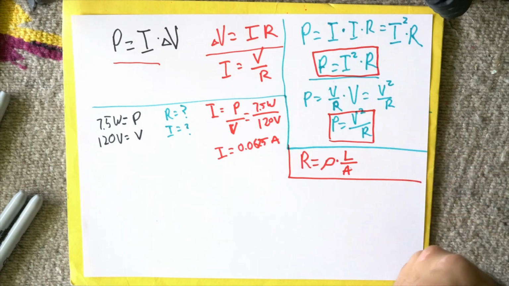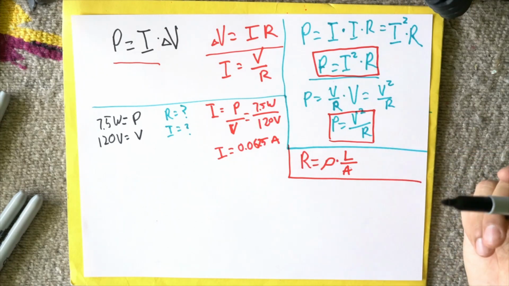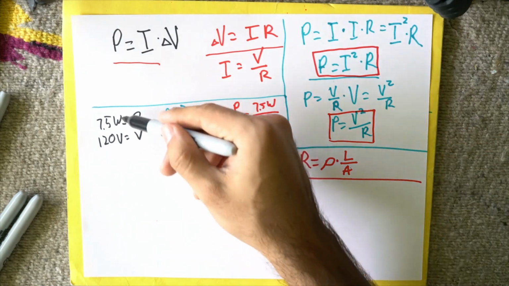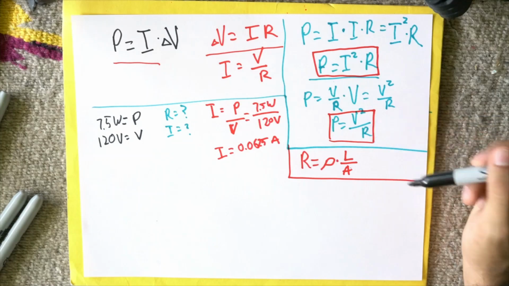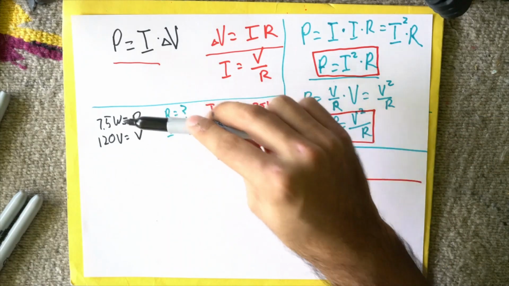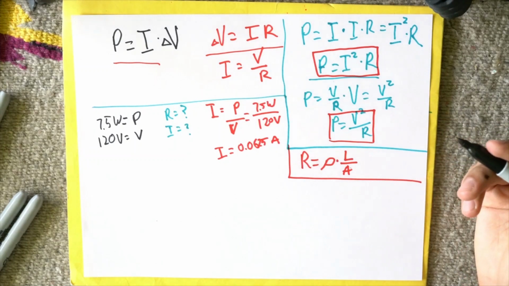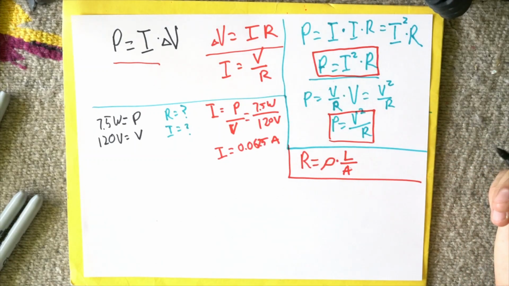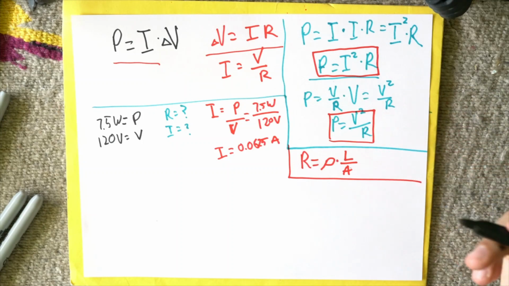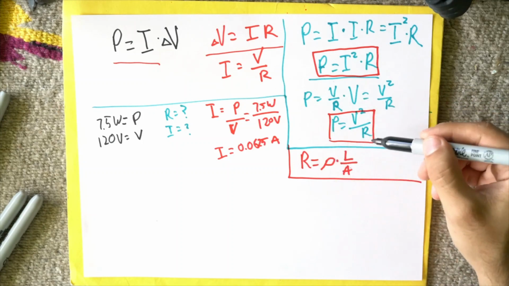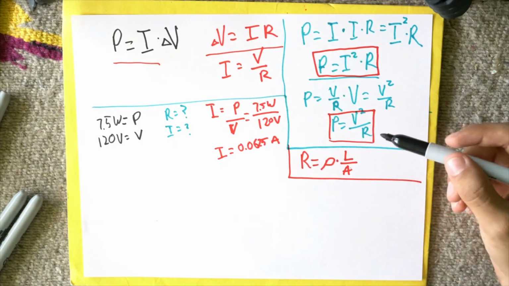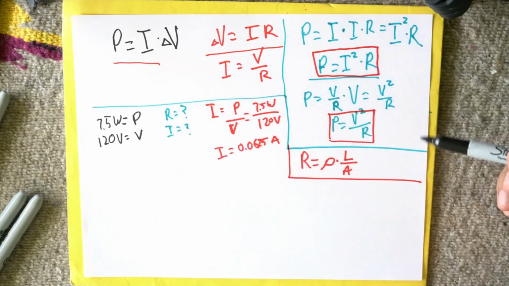Even though we just found the current, I would rather use our knowns for this equation, because it is quite possible that I may have miscalculated my current and therefore get my next problem incorrect. So let us use the one with the knowns, which is power and voltage.